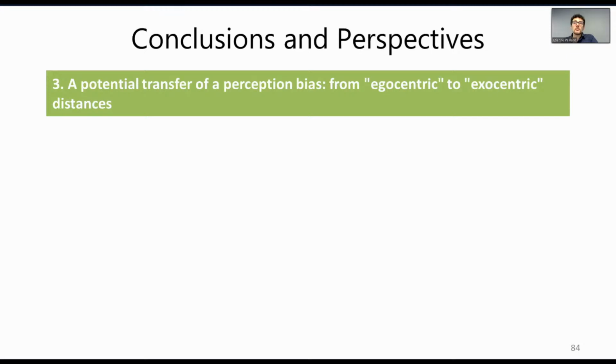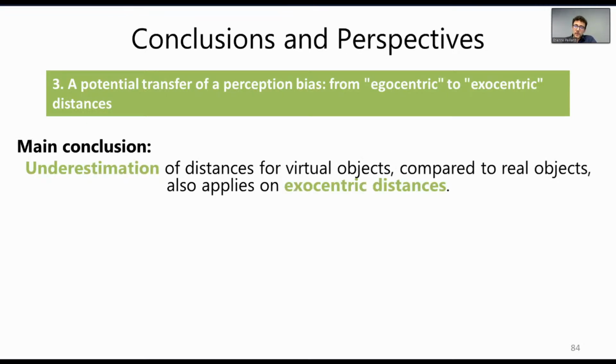Our third contribution focused on the potential transfer of perceptual bias from egocentric to exocentric distances. We found that the underestimation of distances for virtual objects in augmented reality also applies to exocentric distances. As such, the results of the factors studied for egocentric distances could also be transferred for exocentric distances.